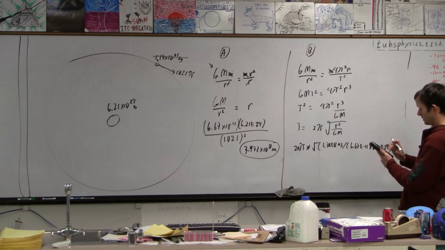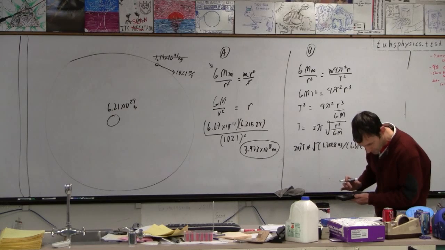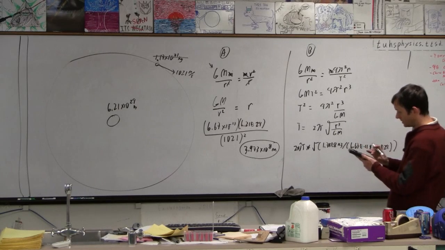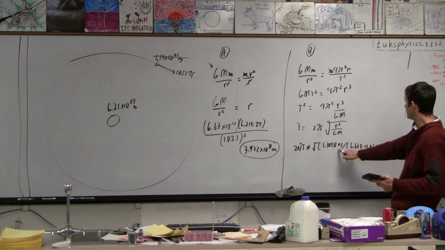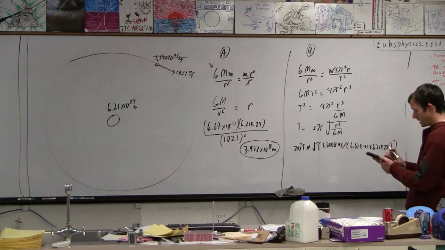So 2 times pi times the square root of 1.78. Is that indeed the 1.78 times 10 to the 8th? Yes, it is. You can write it like this. It will raise the whole number to the third power. The TI engineers did that one correctly.